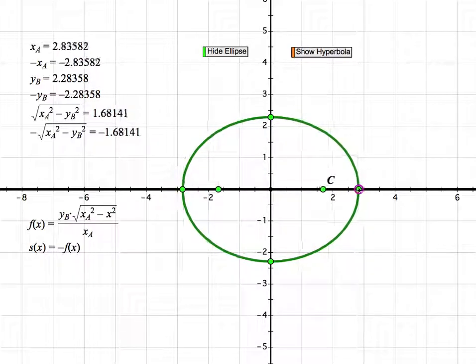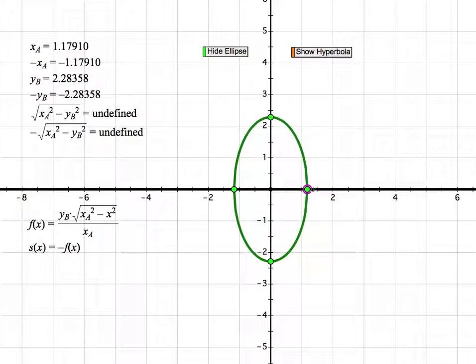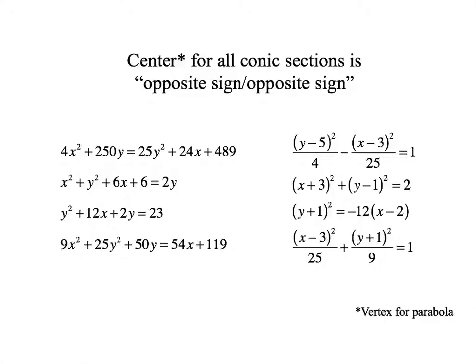It's wider than it is tall. When the semi-major axis, or rather the major axis, is vertical, then that's going to correspond to a larger number underneath the y squared term.